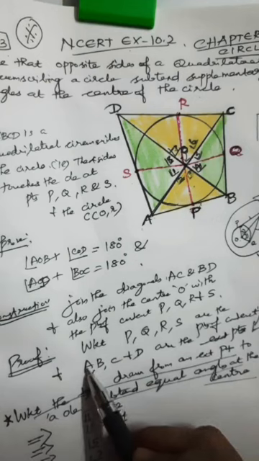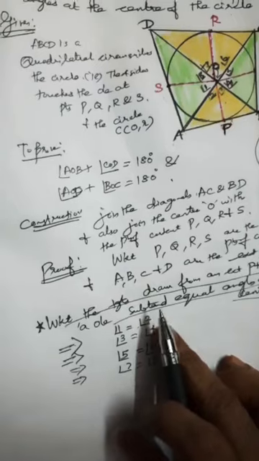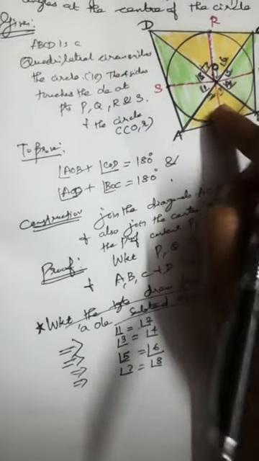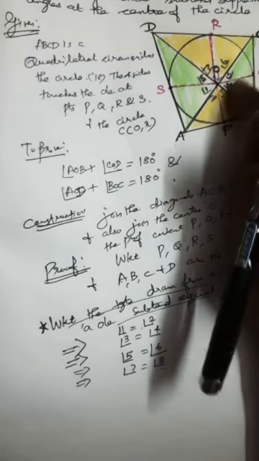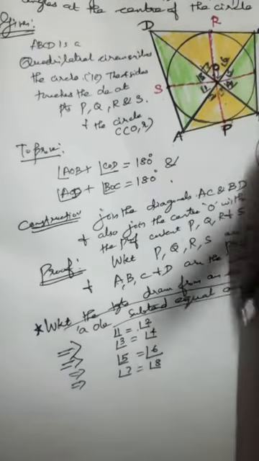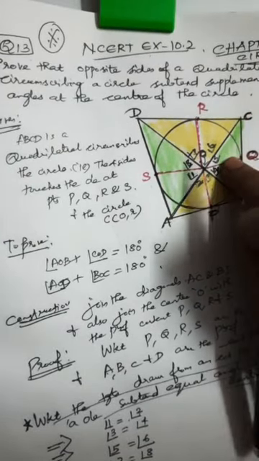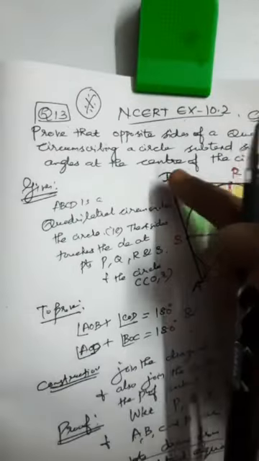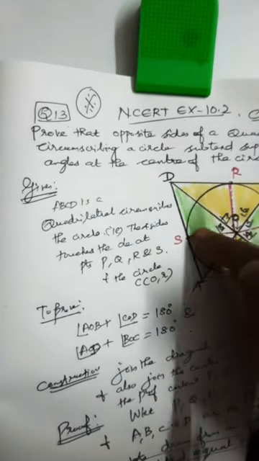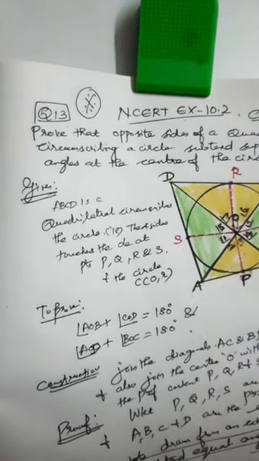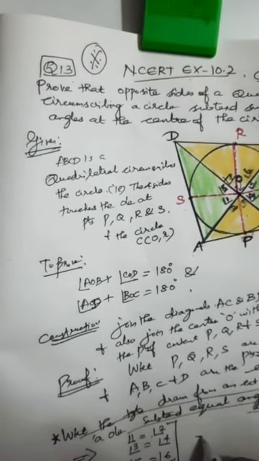Since A is an external point, the tangents subtend equal angles at the center, nothing but angle 1 equal to 2, and B is an external point, so it subtends equal angles 3 and 4, and C is an external point, and the tangents from it subtend equal angles 5 and 6, and D is an external point. So from point D, two tangents subtend equal angles, nothing but 7 and 8. Let it be result 1.